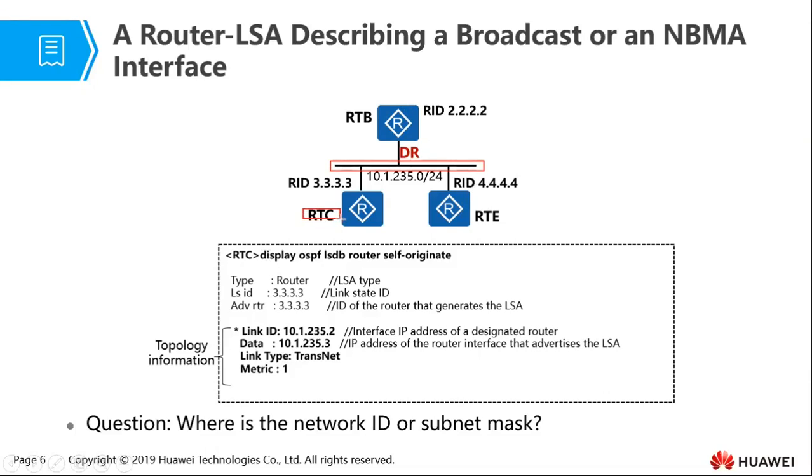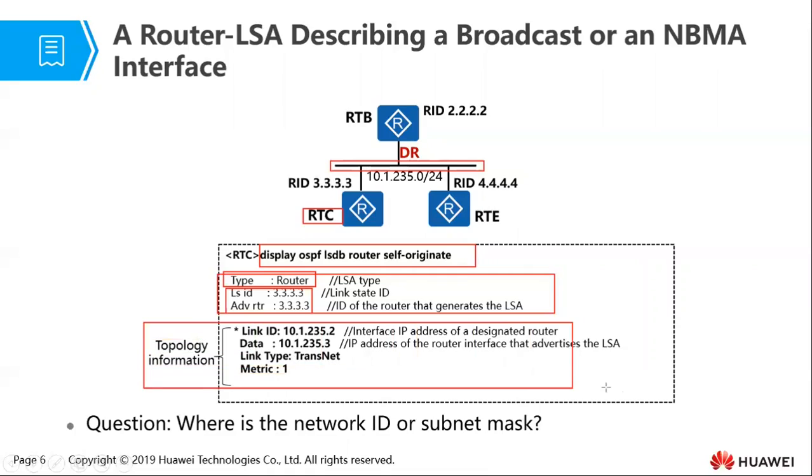Now, for example, if we are in RTC and we use the command display OSPF LSDB router self-originate, we will have the header just telling us the type of LSA. It's a Router-LSA, and the router that originated that particular LSA. Then the next thing we get is the topology information.